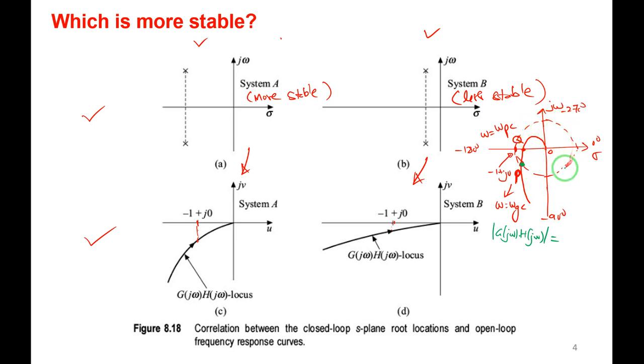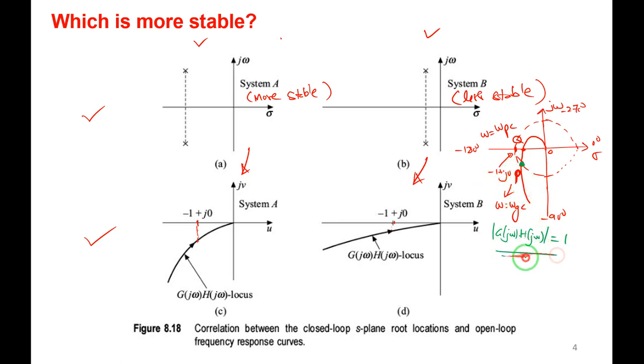So what is the magnitude? It is 1, not 0. Everywhere the radius is unity, so here also it will be 1 only. So the magnitude of G(j omega) H(j omega) is equal to 1 at omega equal to omega gc at point P.